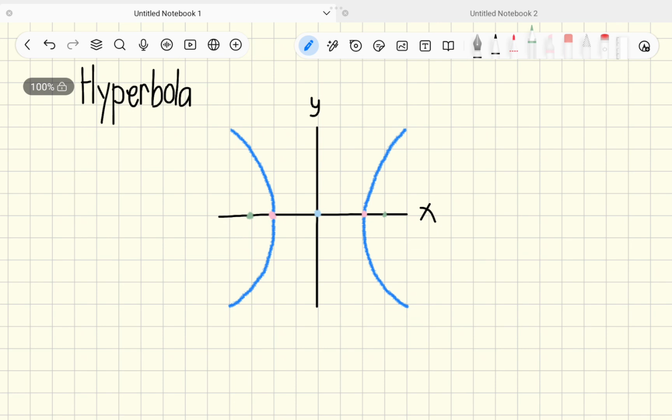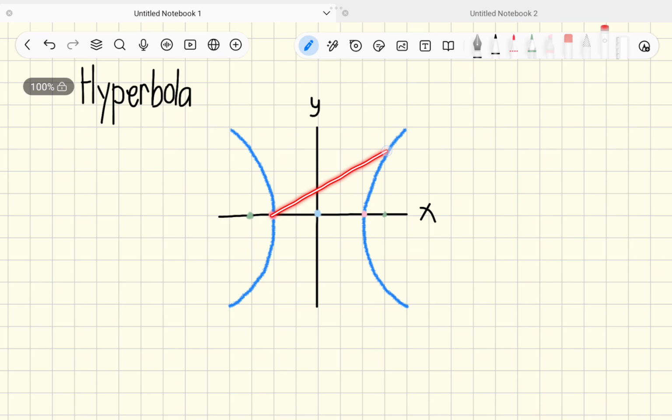The absolute value of the difference of the distances from two fixed points is constant. Meaning to say, if you have any point along your hyperbola here, then the absolute value of the difference, if you want to know the distance from this point to this focus, is actually equal to the distance from this point to, say, the vertex.